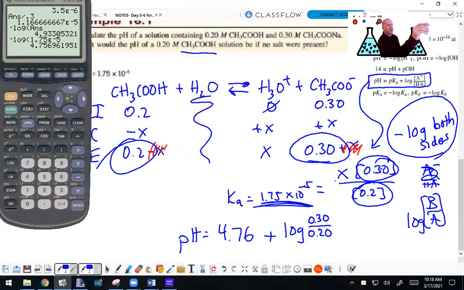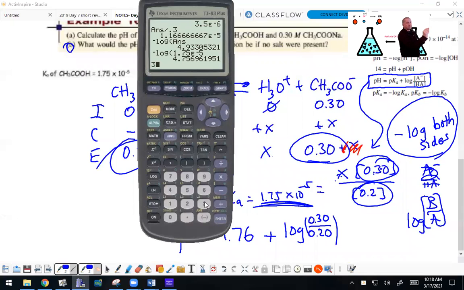Now, when you're multiplying logs like this, though, there's a little trick to it. We got to add, so that's subtracted. So you can do the algebra if you'd like. I would prefer you simplify the algebra by, because when you divide logs, you know, you're supposed to subtract them. Divide 0.3 by 0.2 first, and then you can just take the log of 1.5. So 0.3 divided by 0.2, we got 1.5.